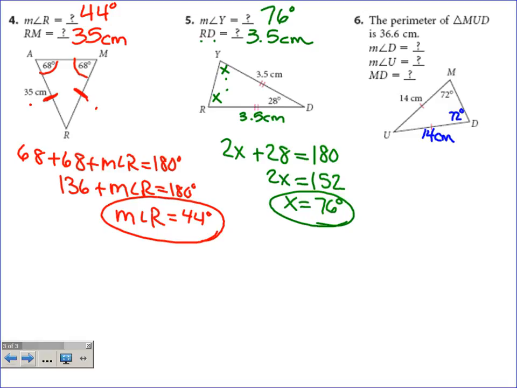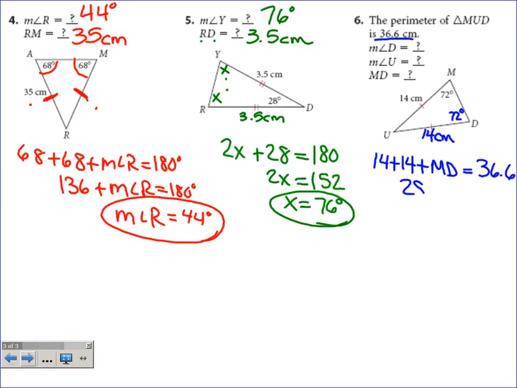But I don't know how long MD is, so I'm just going to say 14 plus 14 plus MD. Remember, that means the length of. And that has to equal 36.6. Basically, if you remember, the perimeter is just adding all three sides together.